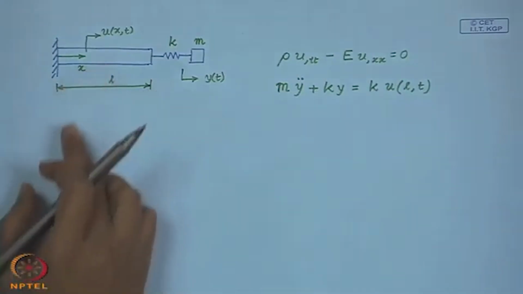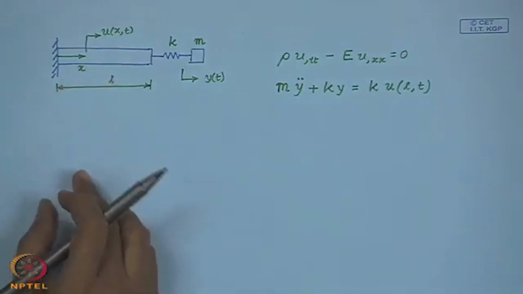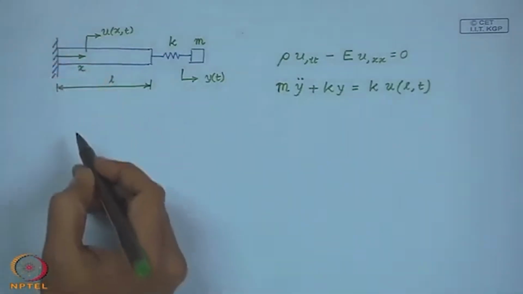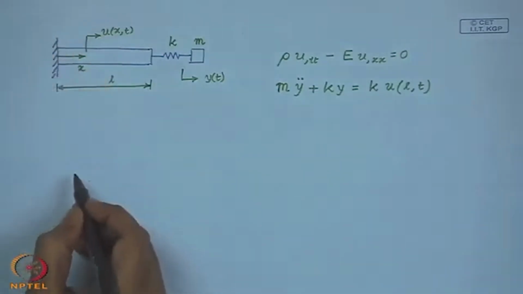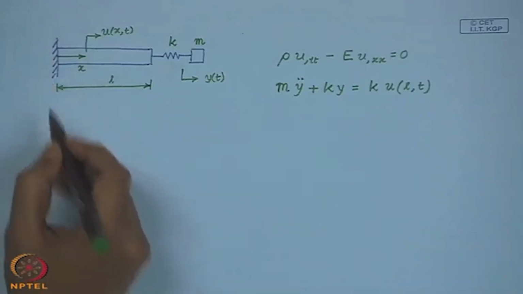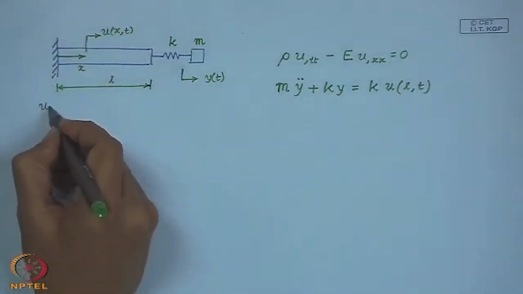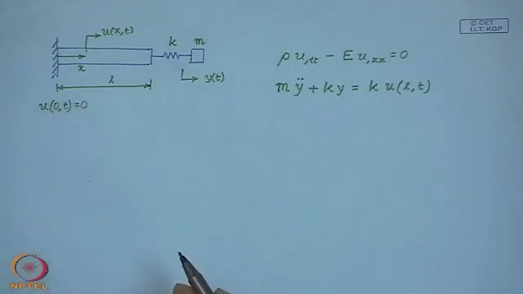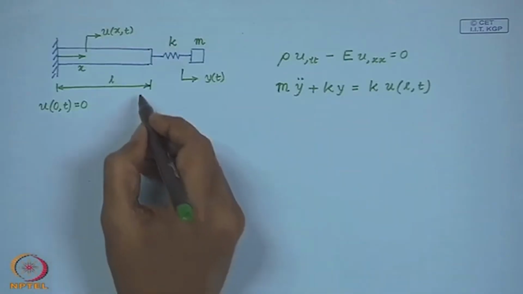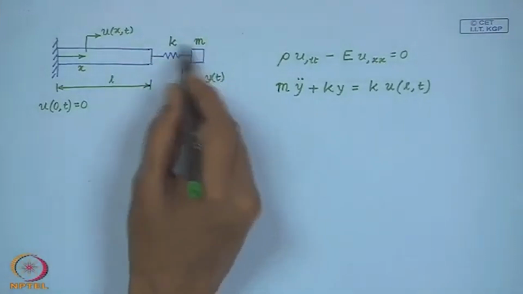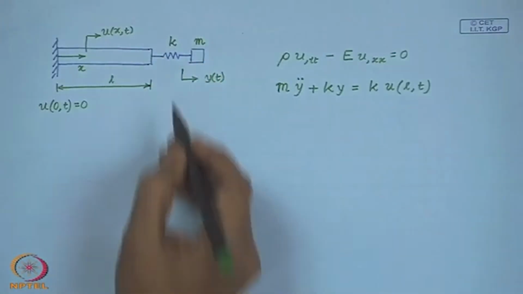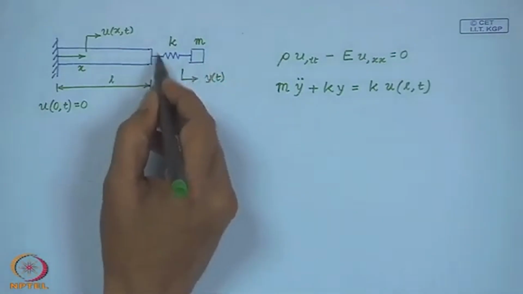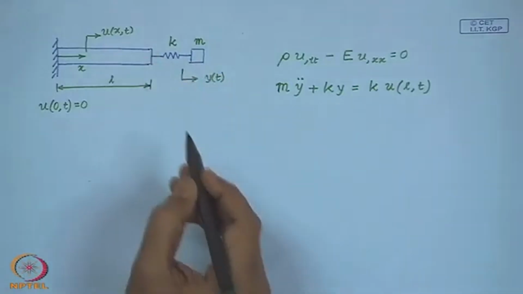Now, let us look at the conditions at the boundary. So, at this end of the bar, it is completely fixed. Therefore, we can easily write the displacement is 0 at this end. On the other hand, at this end of the bar where this oscillator is attached, we can expect an interaction force from the oscillator.